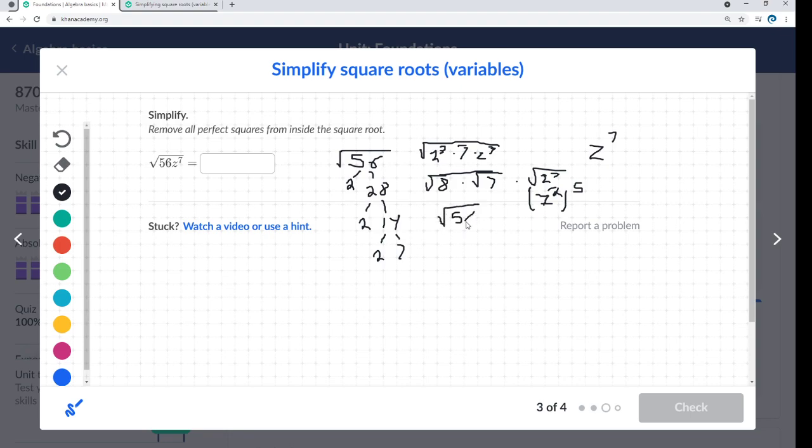And then we're trying to figure out the square root of z to the 7th power. I have no idea. We're just straight up screwed here, and I have no clue how to get out of it.